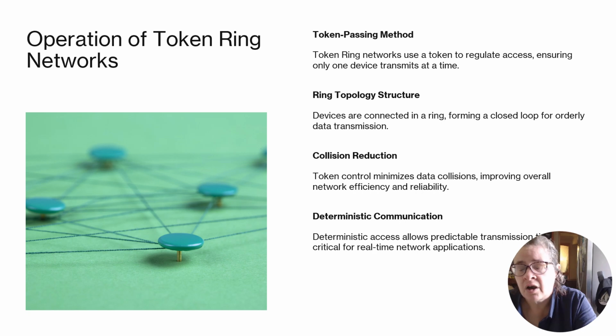Token ring uses a token passing method in a ring topology to control network access, reducing collisions and supporting deterministic communication. So it is a lot slower and subject to a lot of fault issues if something breaks, and not a lot of redundancy either. If you want to use it, great, but I wouldn't recommend it.